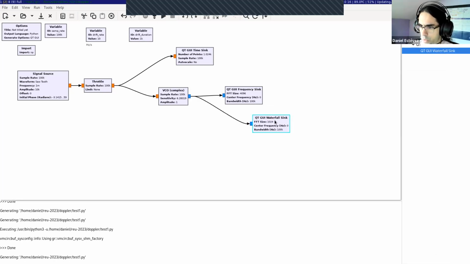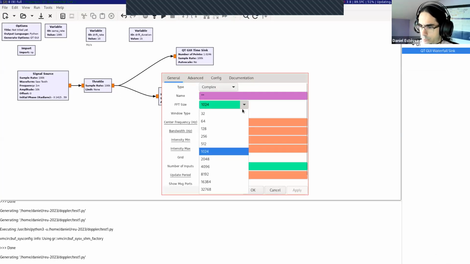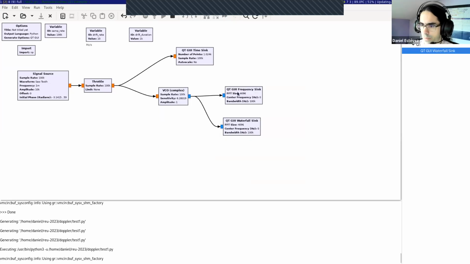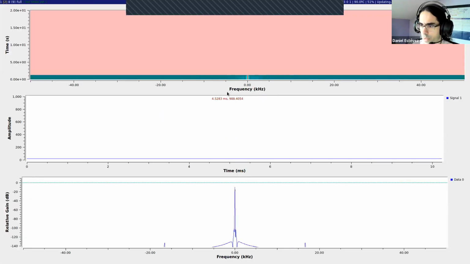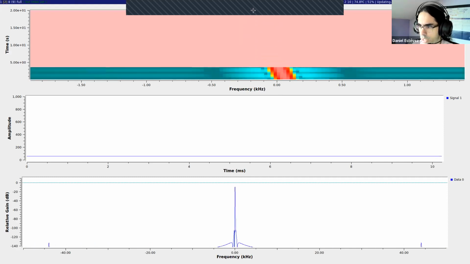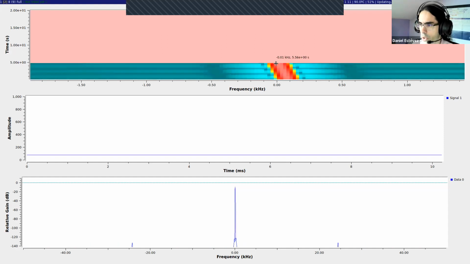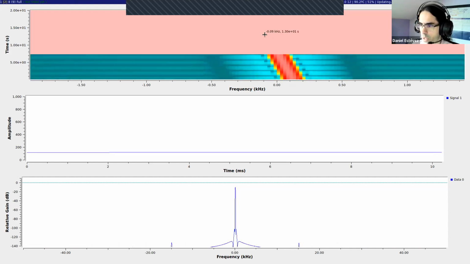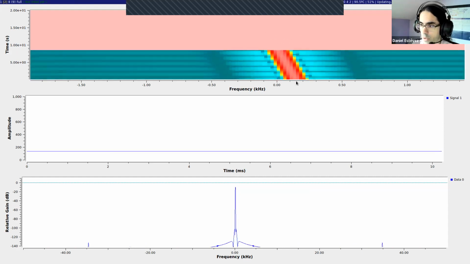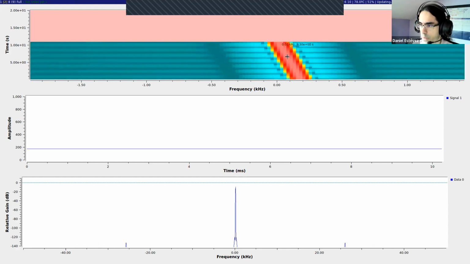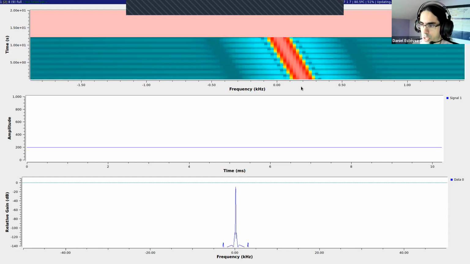In the waterfall sink, we can see how the frequency is changing versus time. And maybe with this zoom it is not so clear, but if we zoom in, we can see that the frequency traces a straight line of constant slope. So this is the thing we wanted to achieve. And the slope is 10 hertz per second.